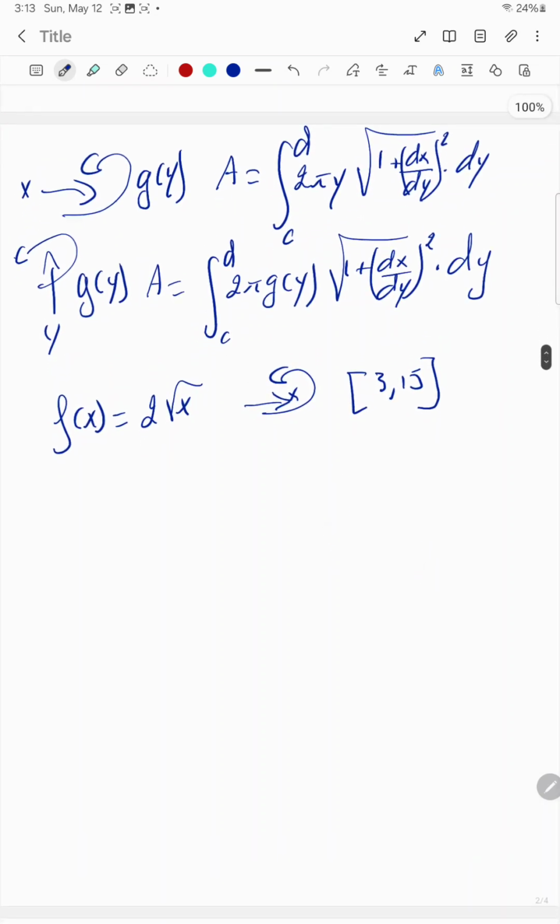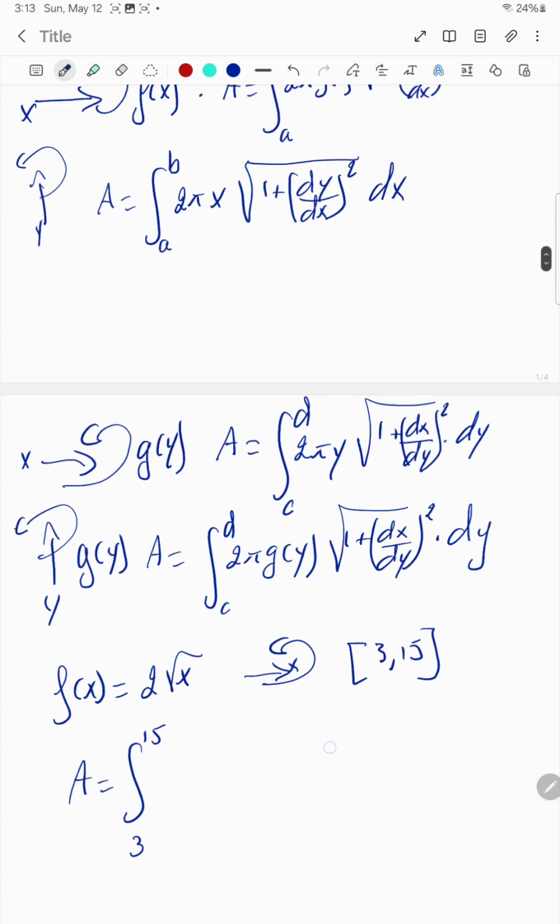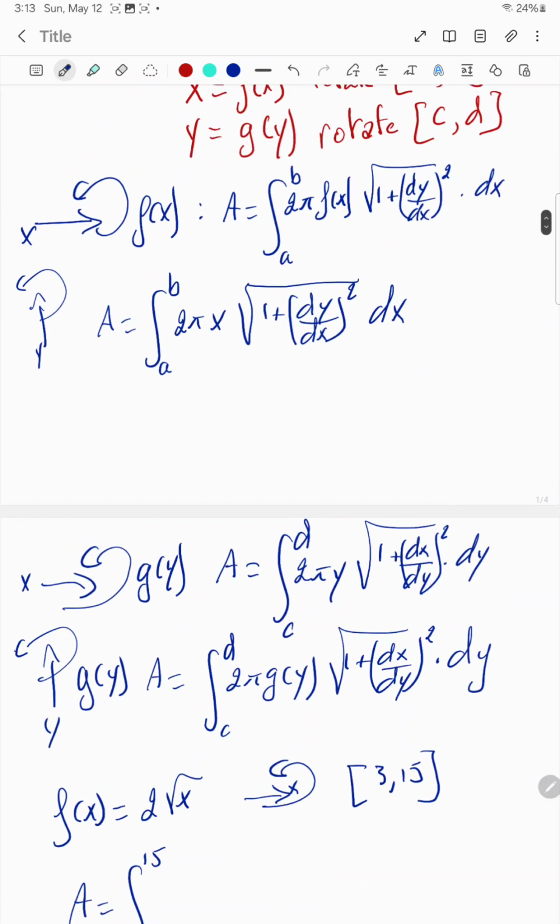The formula of the area is equal to the integral between 3 and 5 of 2 pi f of x times the square root of 1 plus dy divided by dx squared, dx. This is the formula that I will be using.